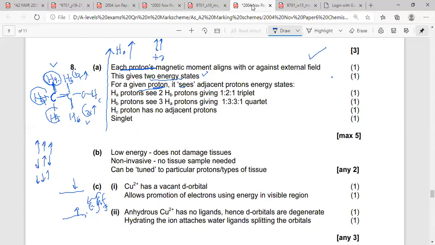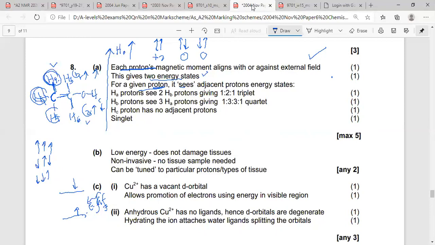Or this one can spin up and this one can spin down. In this spin state, it doesn't affect it because they cancel each other off. And of course, it can also spin down and spin up, which again is 0. They cancel each other off.